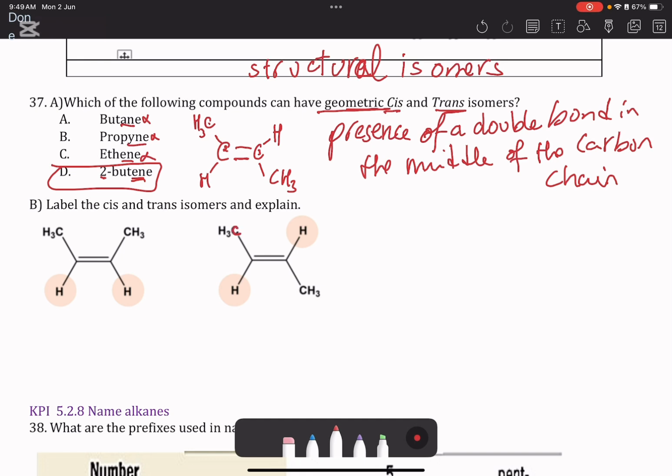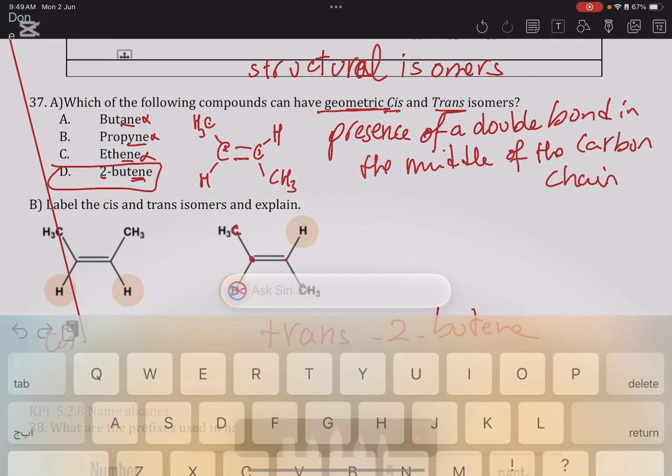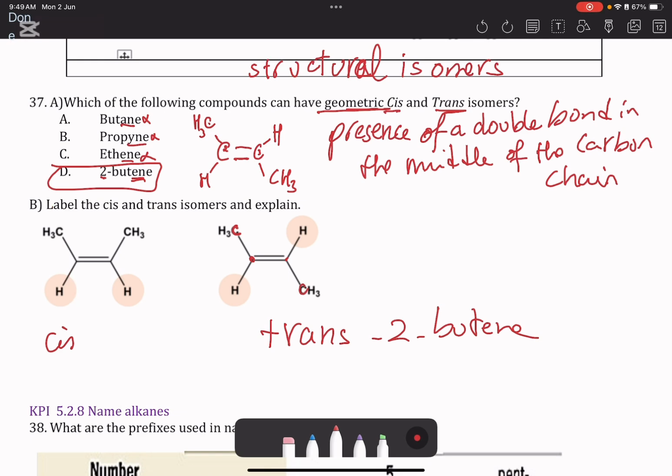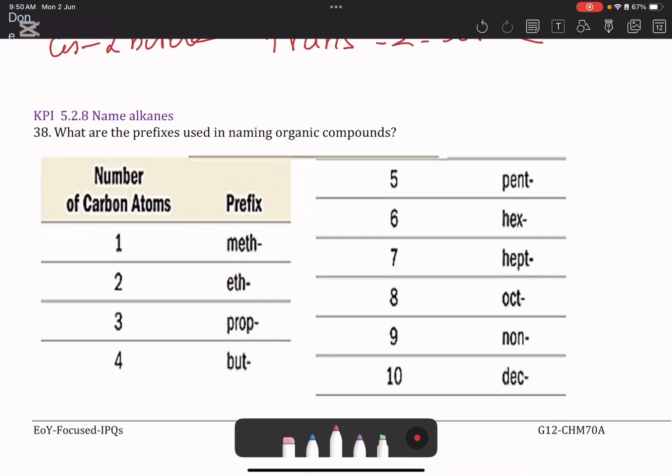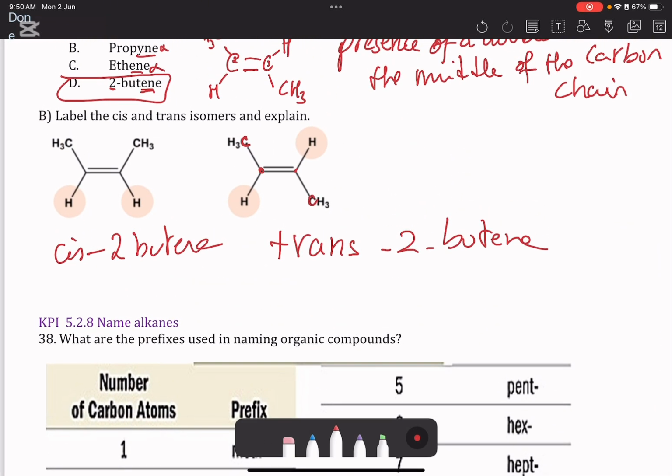And here we go. Here's the formula we're talking about. 1, 2, 3, 4. That's trans 2-butene. And that's cis 2-butene. Now, what are the prefixes? And explain.